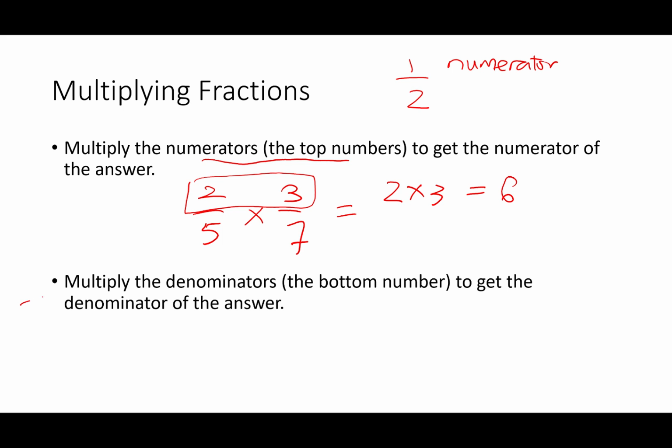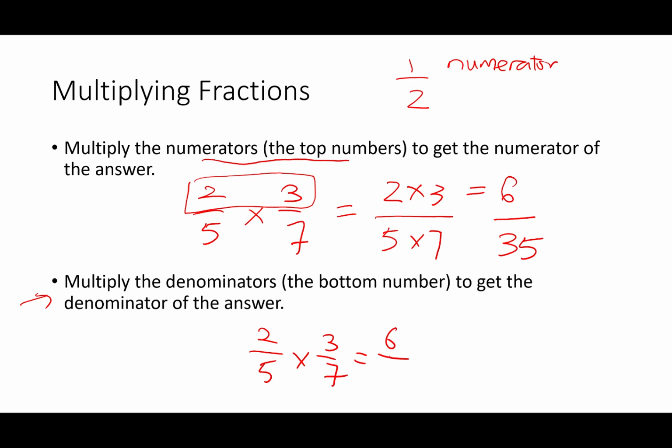Now the second step is to multiply the denominators, which is the bottom number, to get the denominator of the answer. So we get 5 multiplied by 7. In this case, we get 35. So 2 over 5 multiplied by 3 over 7 will be 6 over 35.